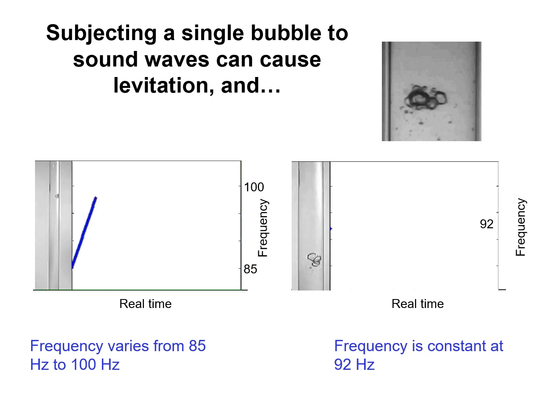The frequency is now increasing to 100 Hertz, decreasing back to 85 Hertz, increasing to 100 Hertz again. So the bubble rises when the frequency increases, and the bubble descends when the frequency decreases.